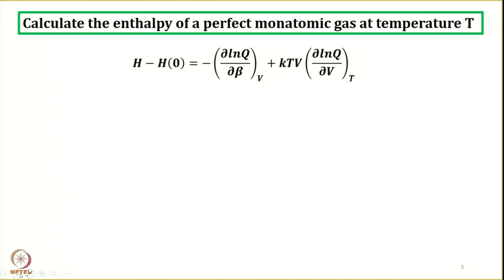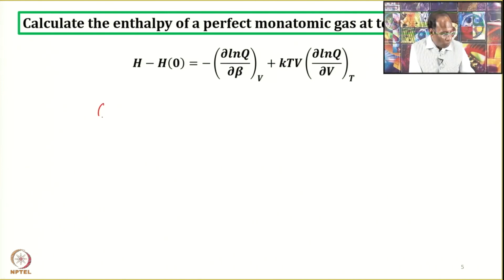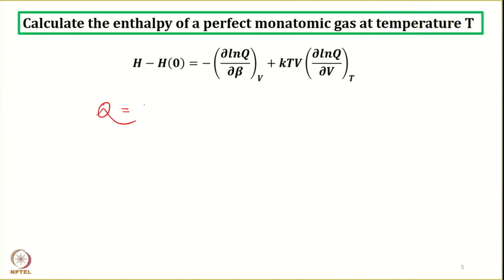But the first thing to recognize here is that Q is to be used in terms of molecular partition function, which is q raised to the power n by n factorial. Let us start proceeding.